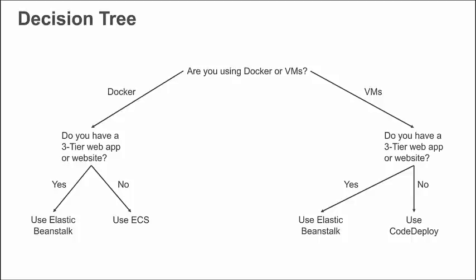Otherwise, working with Amazon ECS directly will provide you fine-grained control for custom application architectures. If you're focused on deploying application code to virtual machines, consider AWS Elastic Beanstalk or AWS Code Deploy. Again, AWS Elastic Beanstalk is best for standard 3-tier web applications and abstracts the provisioning and monitoring of the underlying AWS infrastructure.